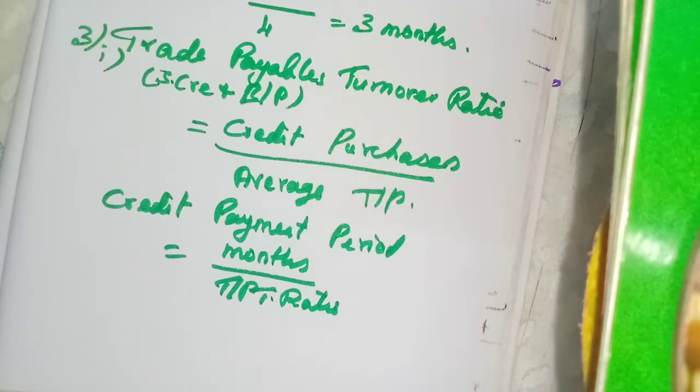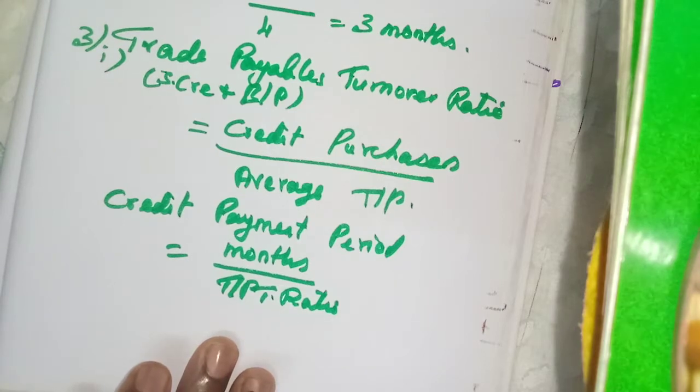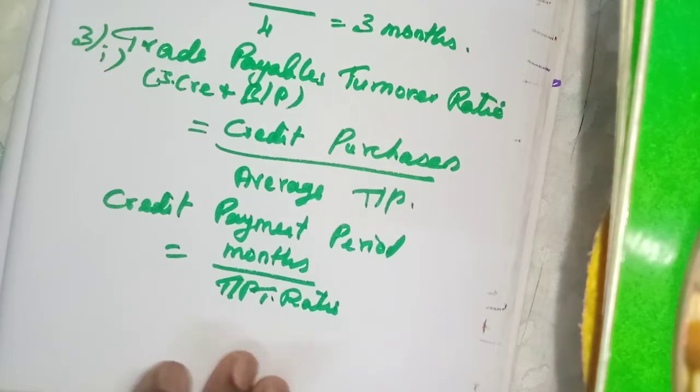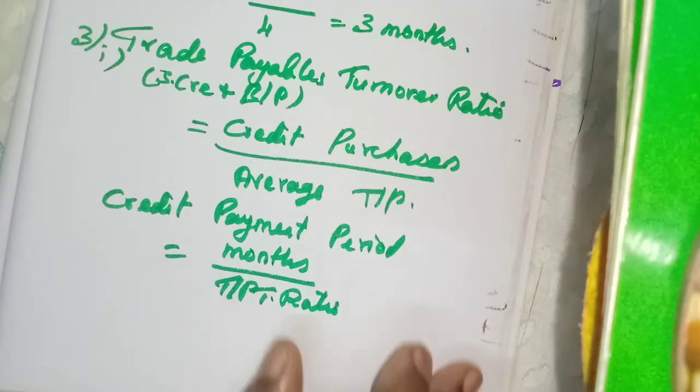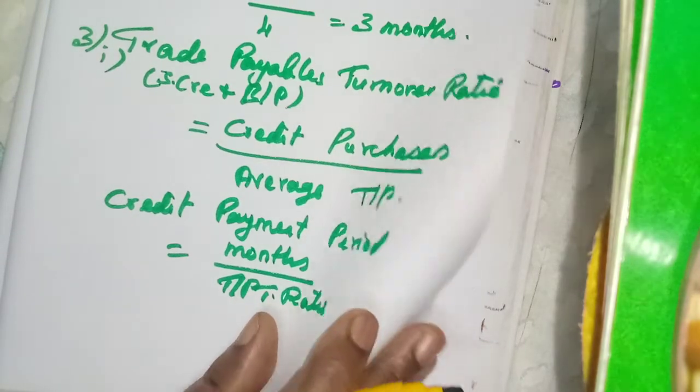Trade creditors opening, trade creditors closing. Bills payable opening, bills payable closing. So here we need to calculate average trade payables. Credit purchases already given, isn't it? So first we will write the number and the heading. Number is 10.